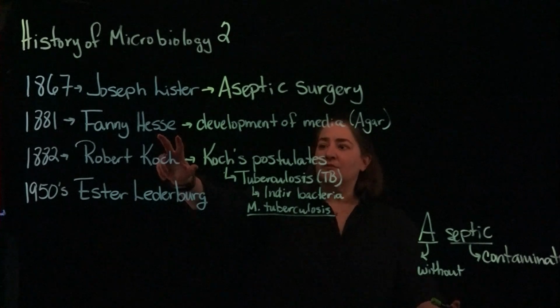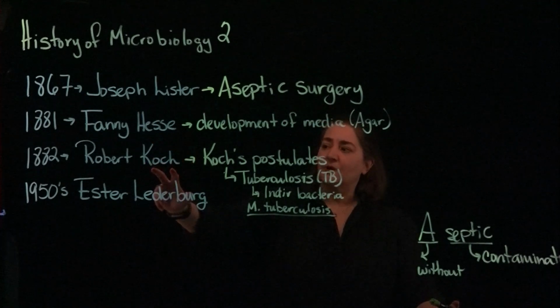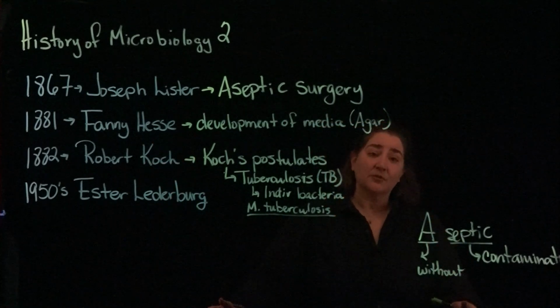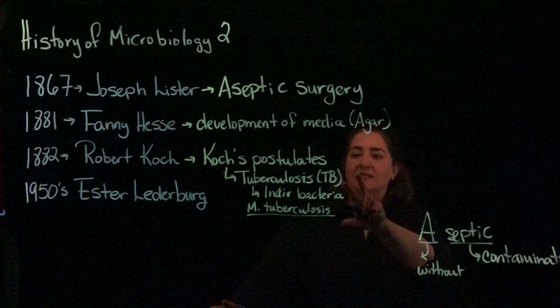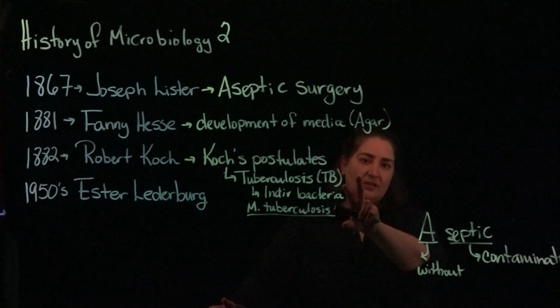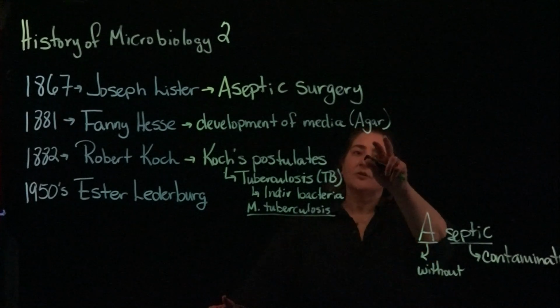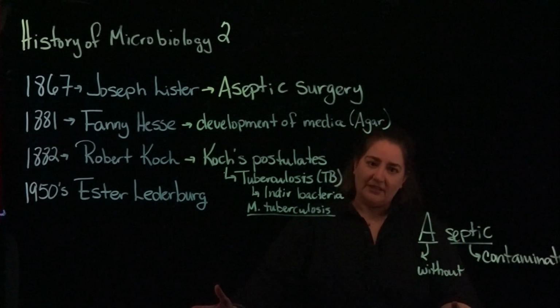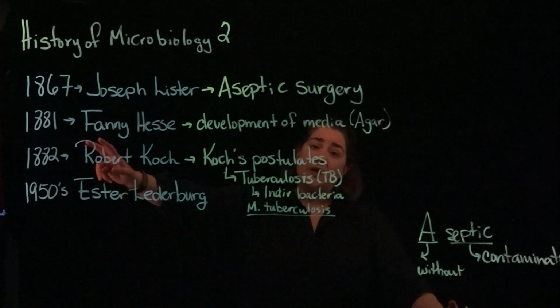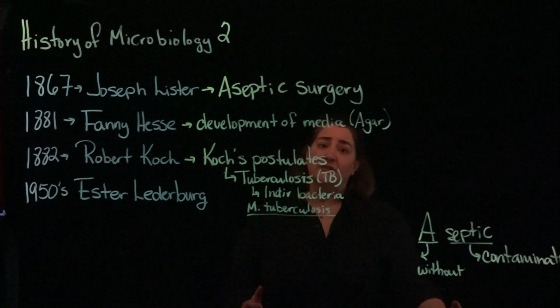So she discovered the material that allowed Robert Koch and subsequent microbiologists to isolate individual bacteria. And if you take the microbiology lab, you're going to be using media that has agar in it, okay? And that goes back all the way to 1881, all right?